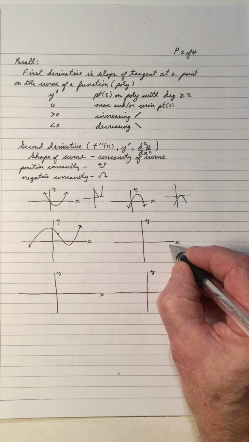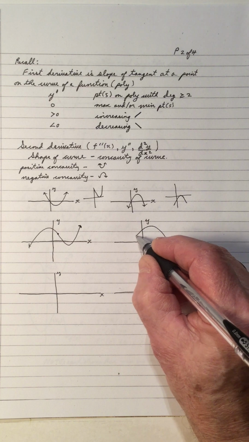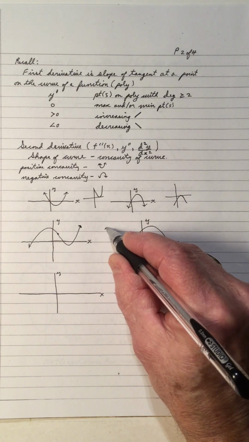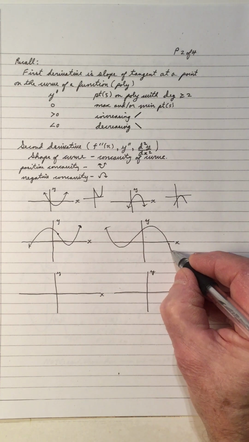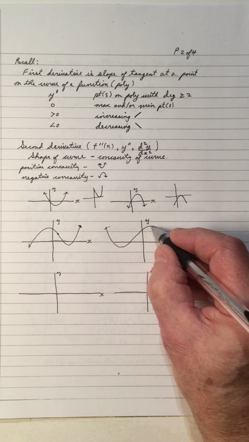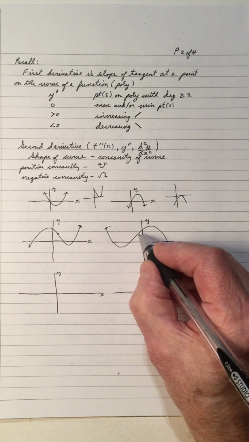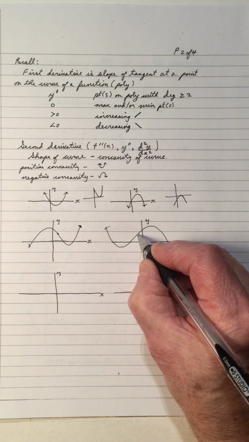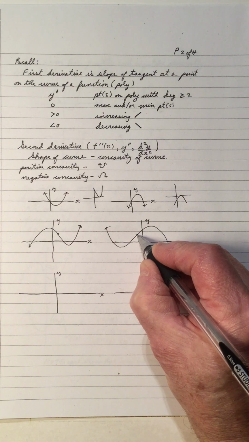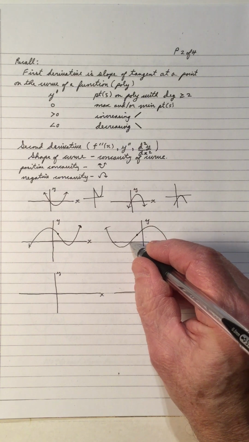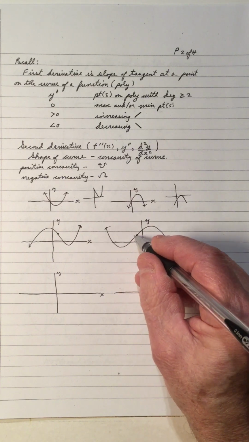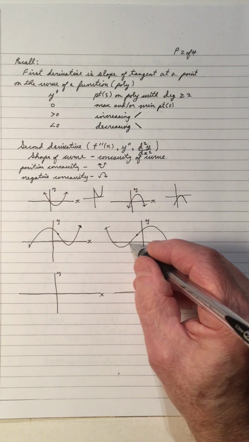What about if we have a cubic graph that does this? In other words, it starts down here and goes up and cuts the x-axis at 3 points. The point where the concavity changes would be right here. On the left side here, it's concave upward, so the concavity is greater than 0.